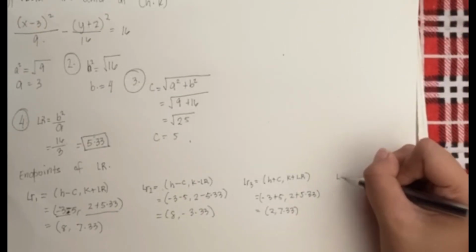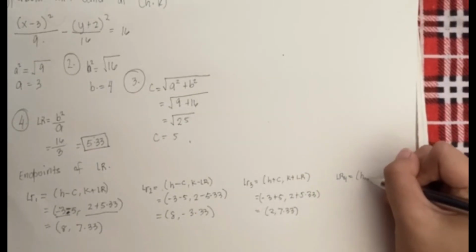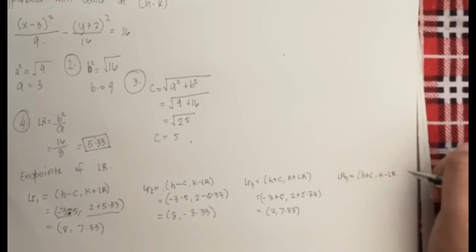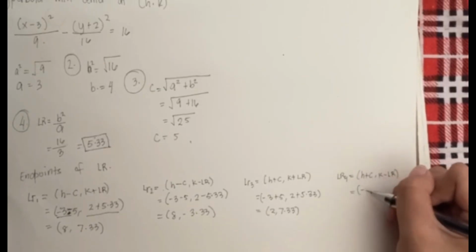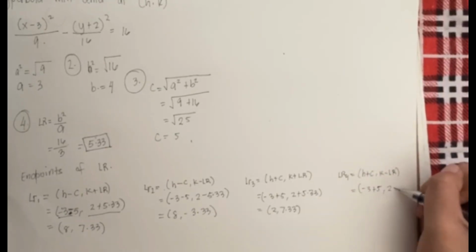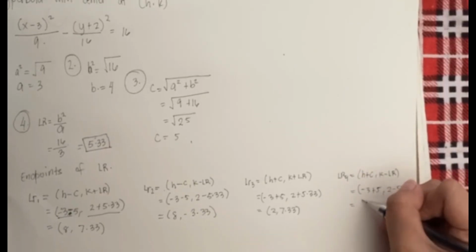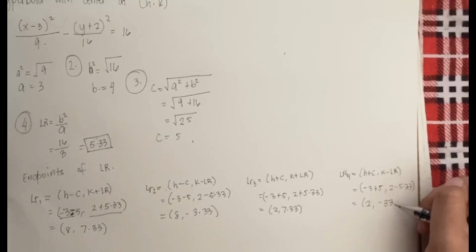As for the LR number 4, again, you have to copy the formula but change the signs in order to get the LR. And then substitute. And the LR4 would be 2 and negative 3.33.